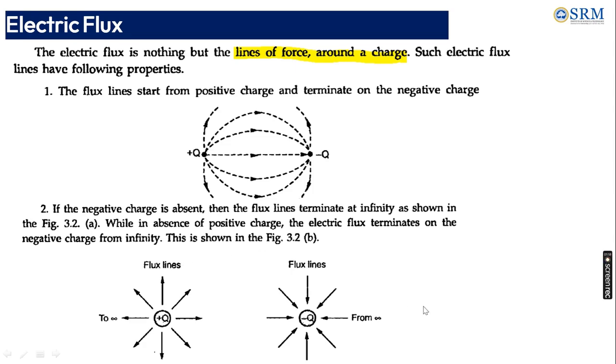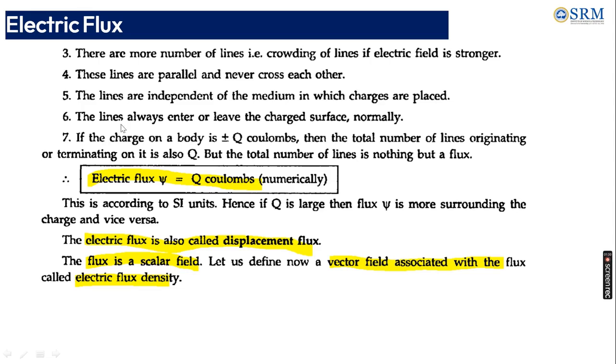Whereas if the positive charge is absent, flux lines come from infinity and terminate on the negative charge. And wherever there are more flux lines, we can understand that the electric field is stronger.